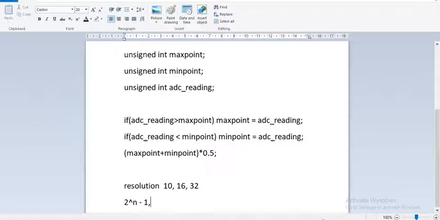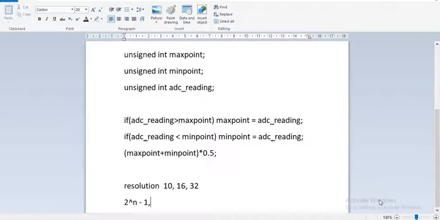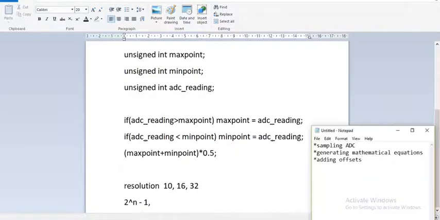So we are going to be seeing more of numbers and calculations. I know each and every one of us are mostly engineers. So we also have generating mathematical equations.